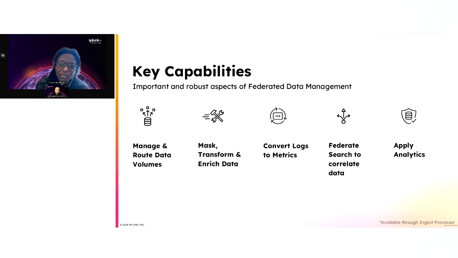Effectively, it's around filtering that data, getting it into the structure that works best for you, obfuscating that sensitive data from events before sending it on to different destinations, routing the data, onboarding new data sources with less risk, and then effectively optimizing for the monitoring and transformation of that data, whether it's from logs to metrics or into an appropriate structure that works best for you so that you can search effectively and, of course, apply those analytics so that you can get access to the right data at the right time that you need.